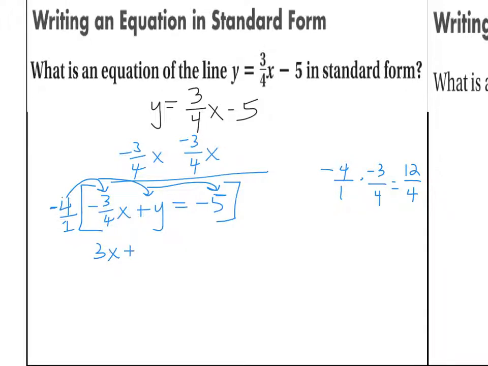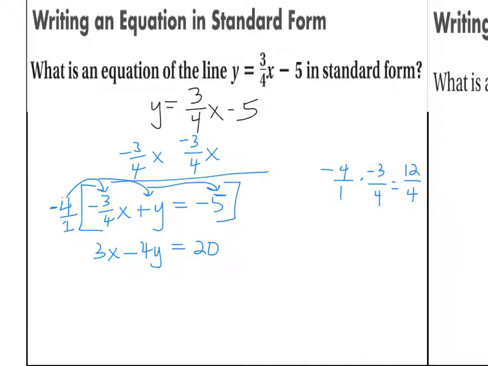Now, next I'm taking negative 4/1, or negative 4, times y. Well, negative 4 times y is negative 4y, and that's going to equal negative 4 times negative 5, which is positive 20.